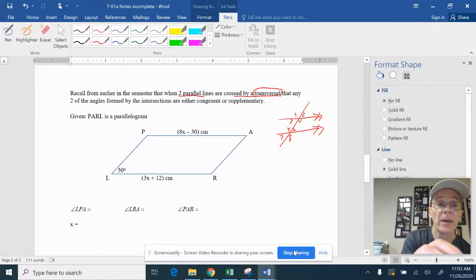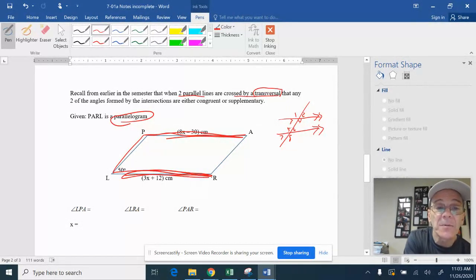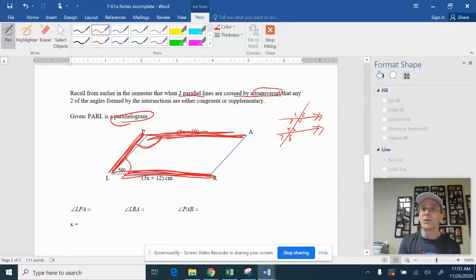So if I'm looking for the measure of angle LPA, which is up here, what you have to recall is that in a parallelogram we've got 2 parallel sides here. And then here's a transversal, creating this 50-degree angle and this fairly obtuse looking angle, which would obviously not be 50 degrees, the same as this one down in the lower left-hand corner.